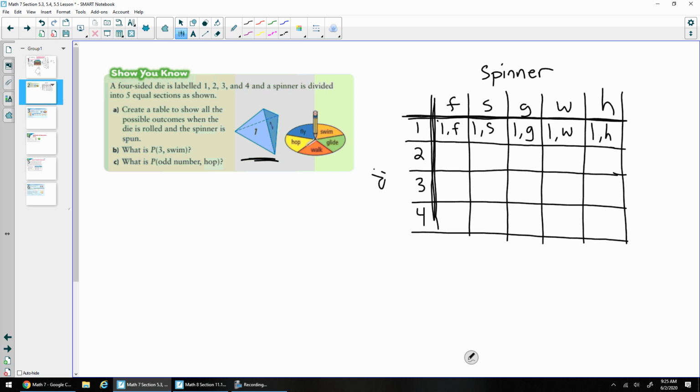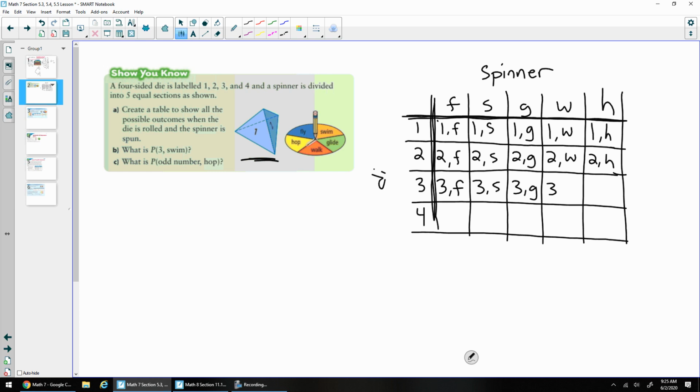Or you could roll a 2 and fly, roll a 2 and swim, roll a 2 and glide, roll a 2 and walk, roll a 2 and hop is H. Or a 3, you could roll a 3 and then spin all of these different options.